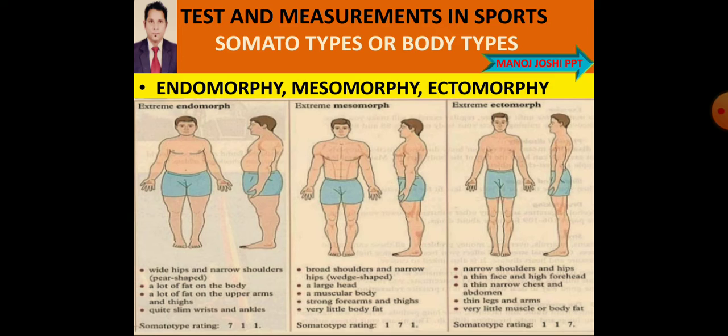The somatotype rating given to the extreme ectomorph is 117. So these are the three body types and their characteristics.